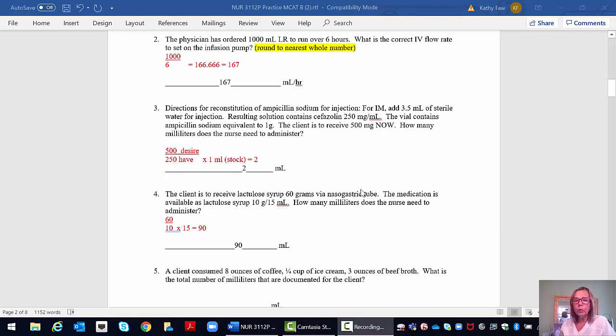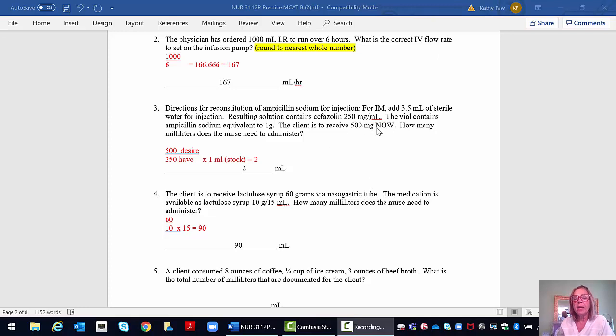All right, so this next one looks real complicated, but what I want you to try to think about is, what is the doctor asking you? What is the desire? What did the doctor order? The desire is for your patient to receive 500 milligrams.